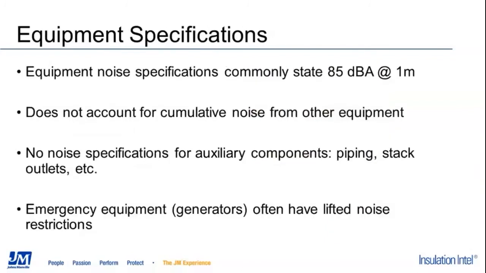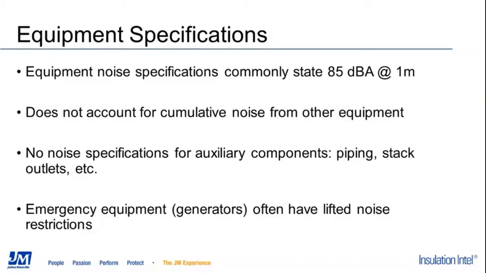Another aspect of looking at noise control is looking at specifications related to the noise emissions of equipment. Very frequently, equipment noise levels are limited to an 85 dBA limit at a distance of 1 meter from the piece of equipment. However, the challenge with this is that it only addresses that individual piece of equipment and doesn't account for the possibility of cumulative noise from other pieces of equipment that may be in the same area.